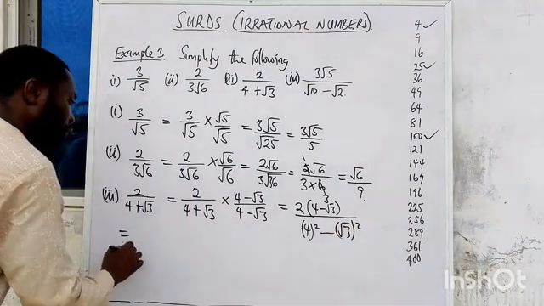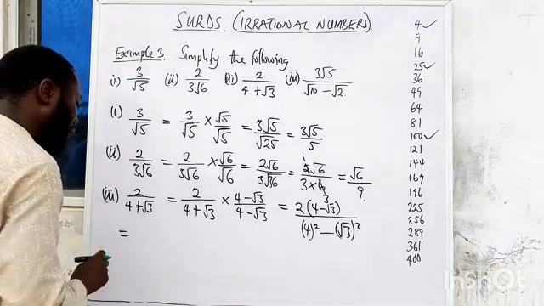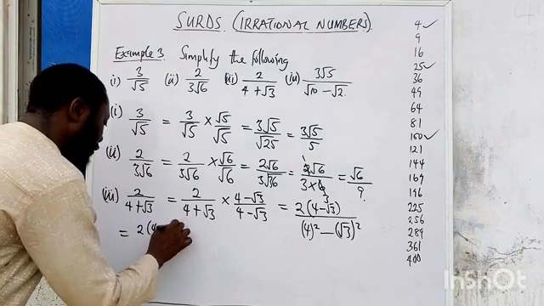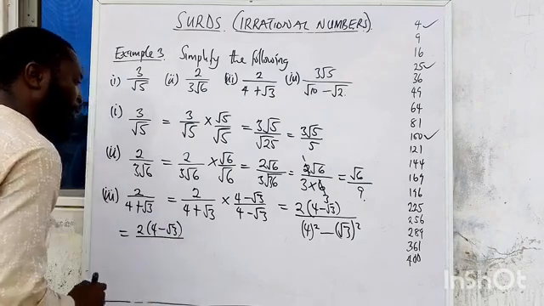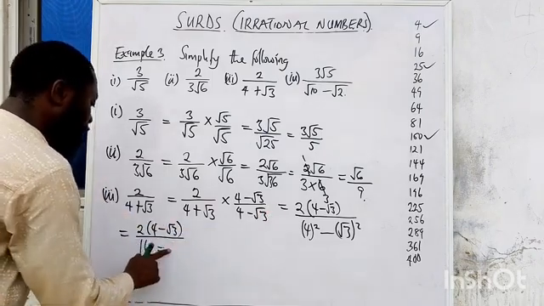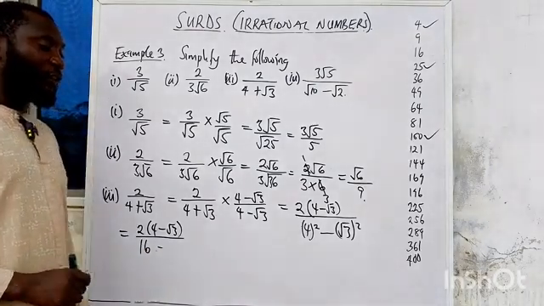Now we can simplify this further. So we have 2. You can open the bracket now, or you can still leave it. 4 minus square root of 3 divided by the squares. 4 squared is 16. Square root of 3 squared is 3.